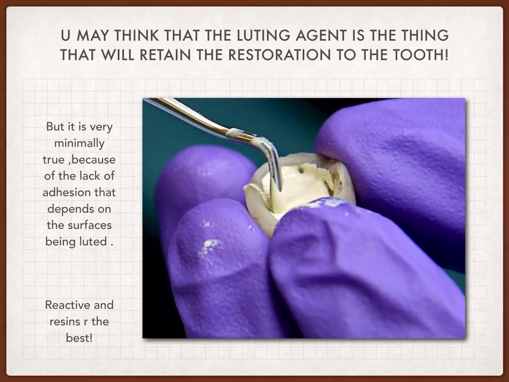Okay, the luting agent has a very minimal effect because of its little and minimal adhesion to the luted surfaces, but the major retention is done by the frictional forces between the restoration and the tooth, and the luting agent increases these frictional forces, not through the adhesion of the luting agent.